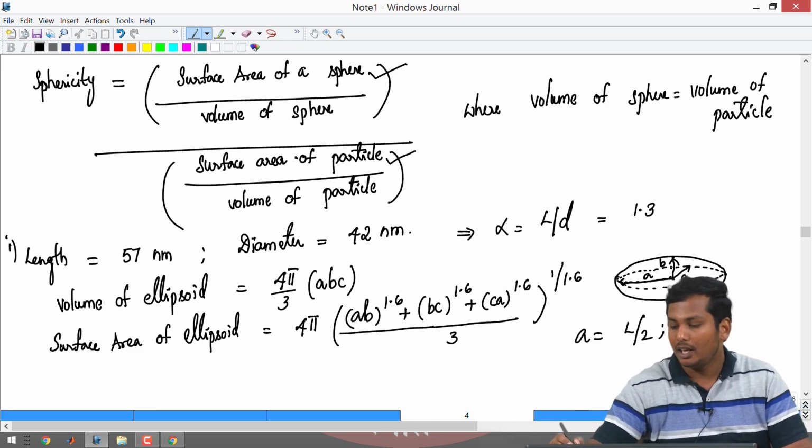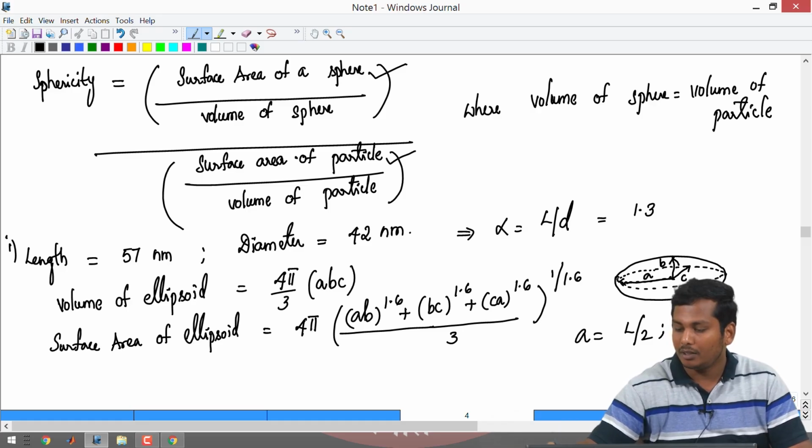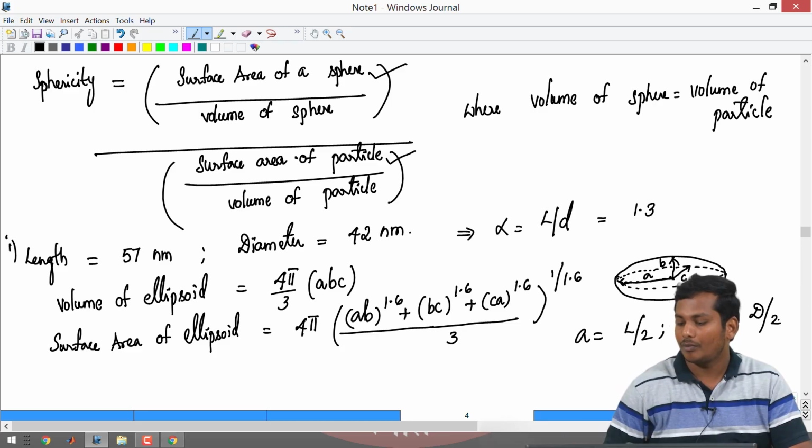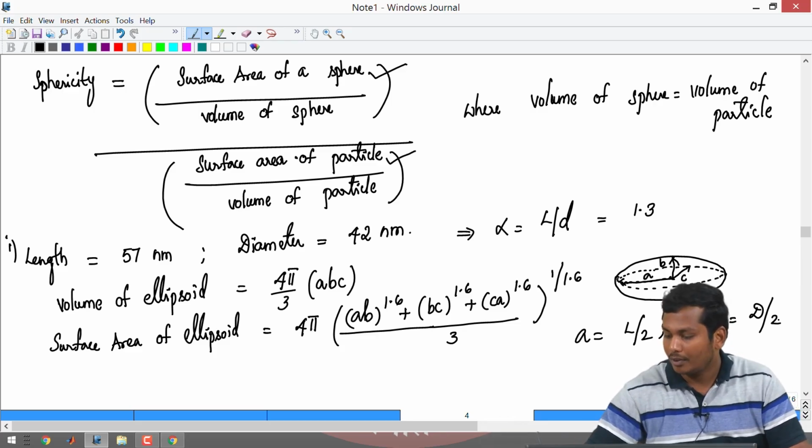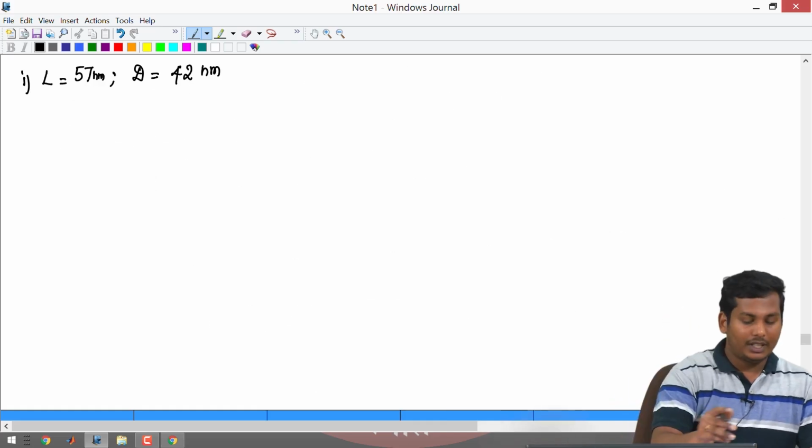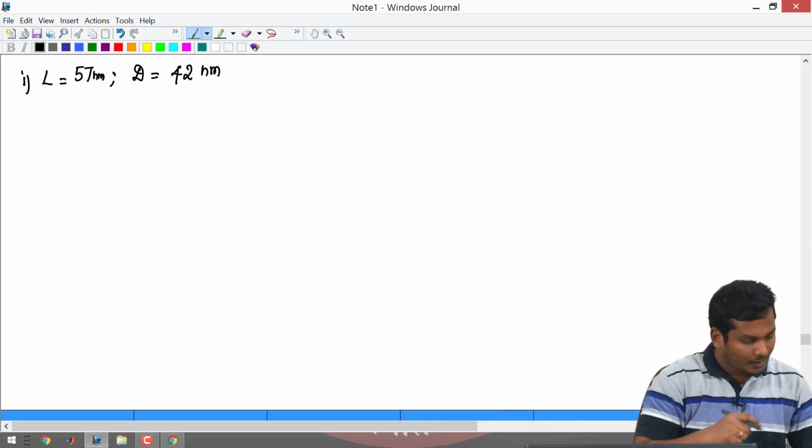So, B and C are same. So, B will be equal to C equal to D by 2. With that, we will calculate the sphericity.